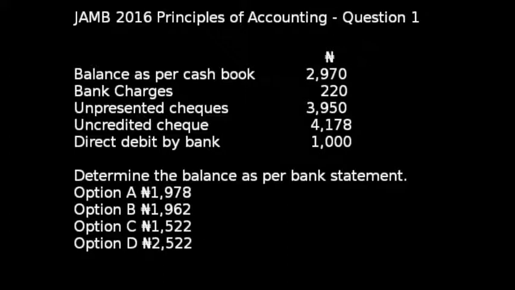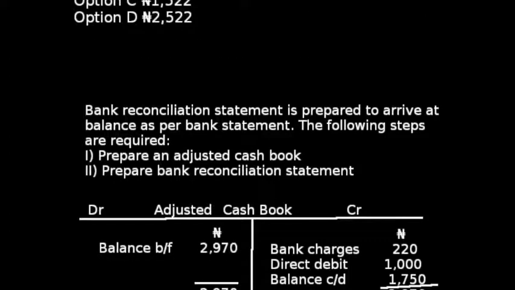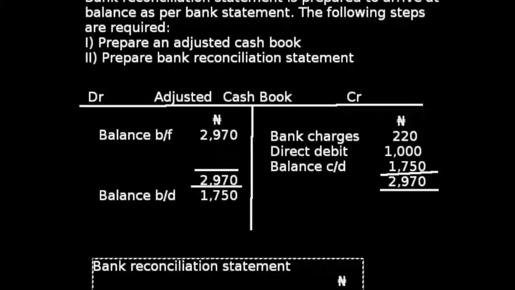So in doing that, we need to prepare the first book, which is an adjusted cash book. Adjusted cash book has debits and credits. Of course, these are the items we need to prepare the adjusted cash book. Our first item there is balance brought forward, and it's always on the debit side.